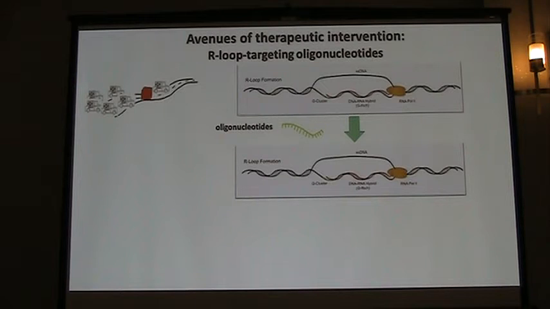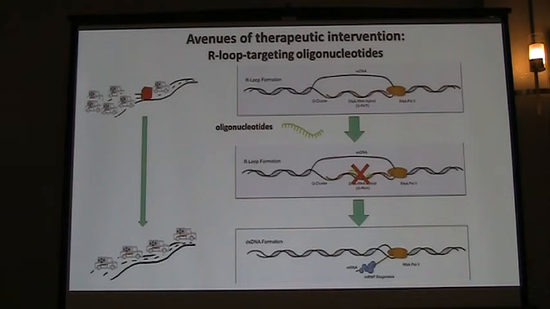They're just short, and they target the GAA repeats directly. So what happens is that the oligonucleotides bind the tangle, the R loop, the tangle between the DNA and the RNA, and they disrupt that tangle, and the polymerase now can freely walk through the DNA, and the road becomes open again.